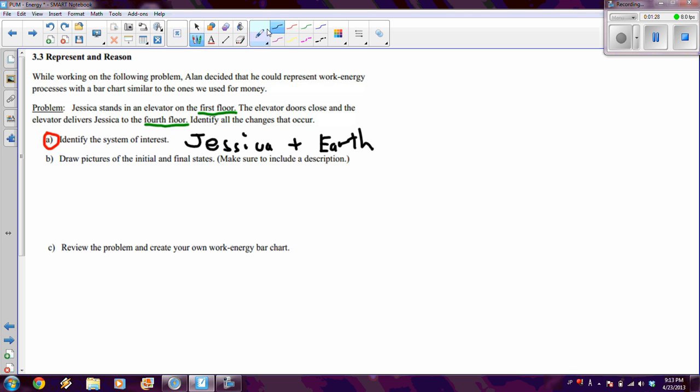So now we want to draw pictures of actually what's going on. We can start off where here is the first floor, here is our elevator, and here is Jessica inside our elevator. So this is the initial, and that is the first floor.